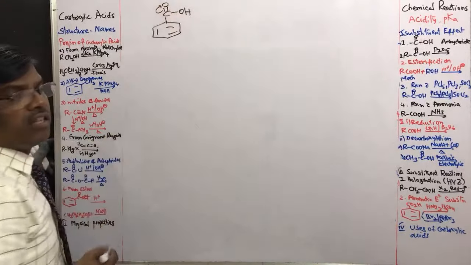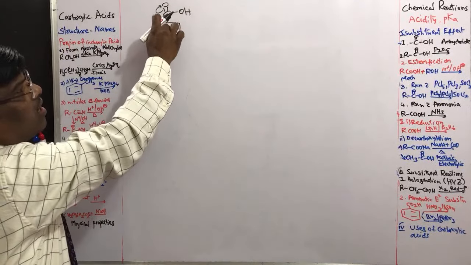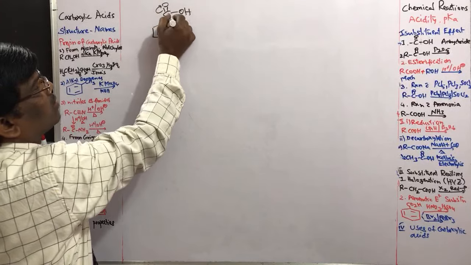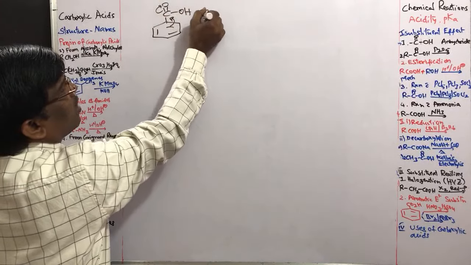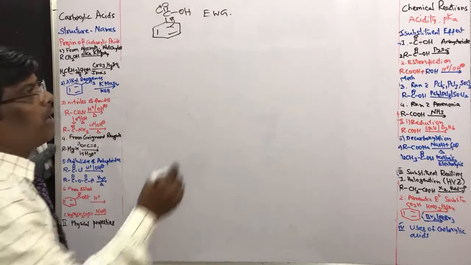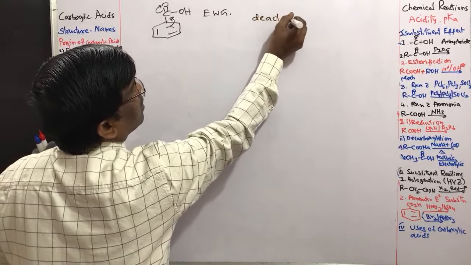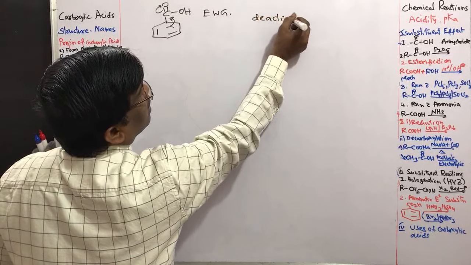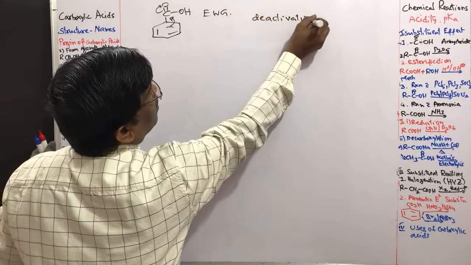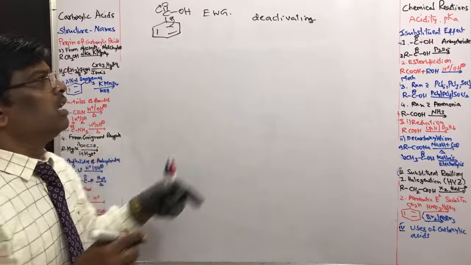It withdraws electron density from the benzene ring. This electron withdrawing group is a deactivating group. Electron withdrawing groups are deactivating groups.